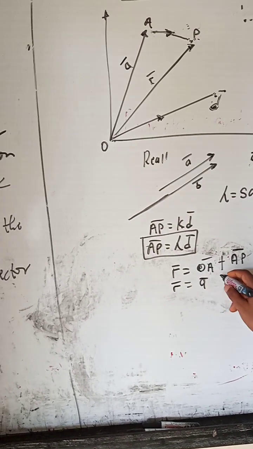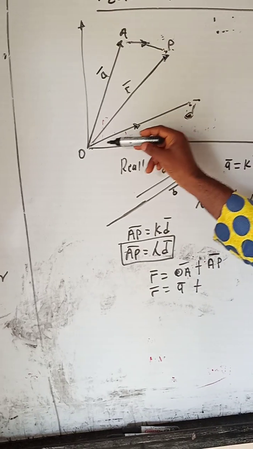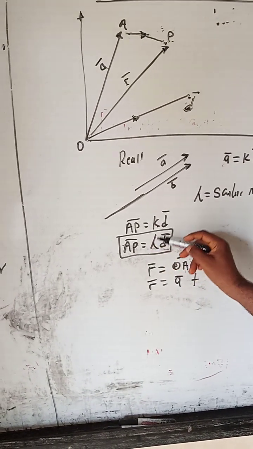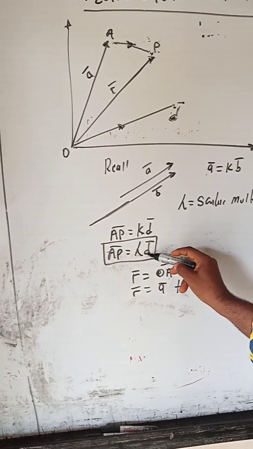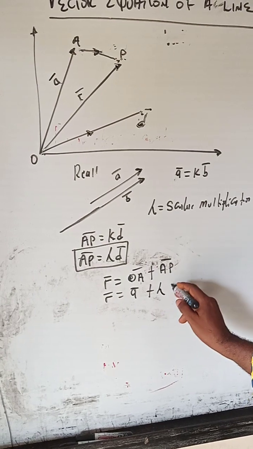Then plus vector AP is parallel to vector OD, which I've already explained that AP is a scalar multiplication of vector D. So instead of AP, I will put scalar multiplication of D.